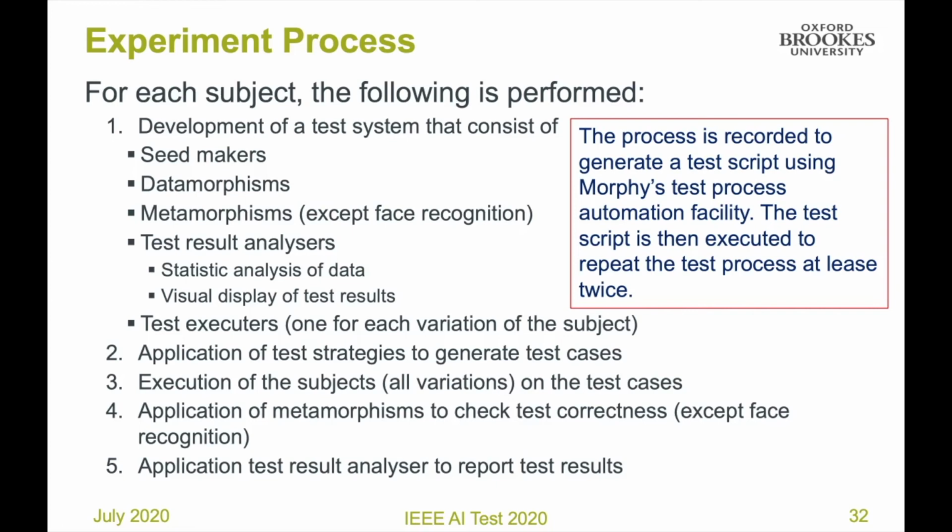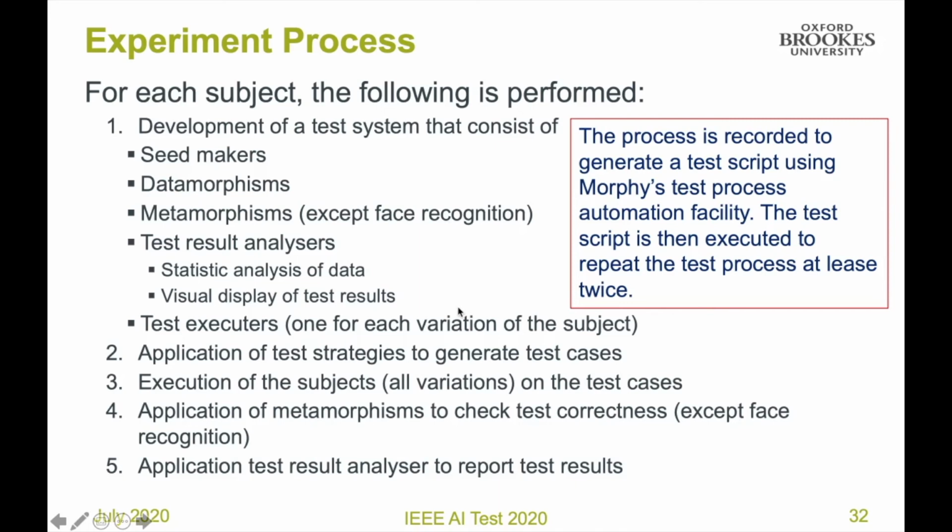For face recognition, we do not use metamorphisms because in our previous work, we have shown all these face recognition applications are correct, in that they can identify the right person. So we use a statistical analysis of data to see the scores of the test result. So the result analysis is particularly useful for face recognition.